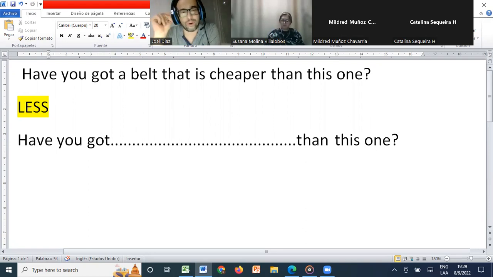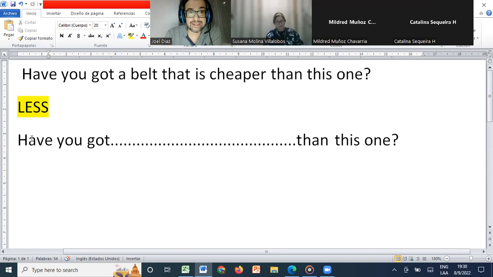Okay, in part 4, they're going to show us a sentence like this one. For example, have you got a belt that is cheaper than this one? So they're going to show us a sentence, and they're going to show a keyword. In this case, the keyword is less. Now, what do we need to do?